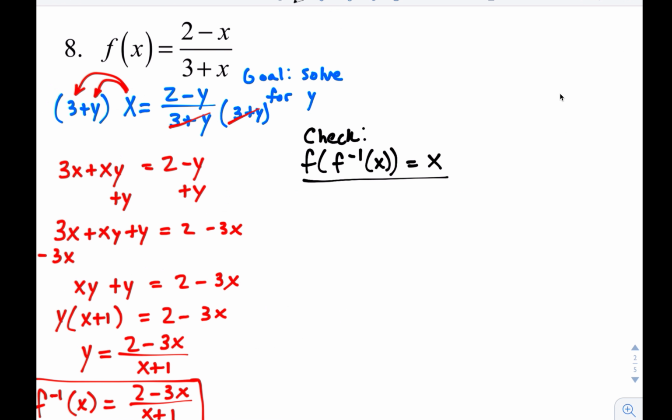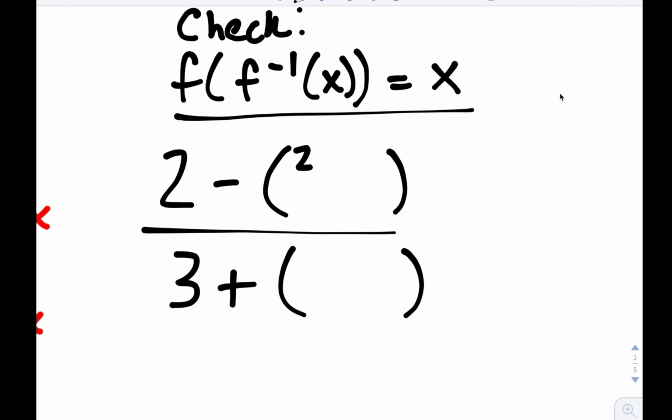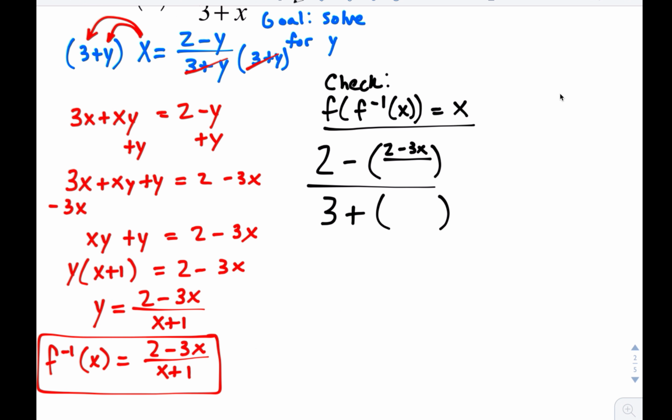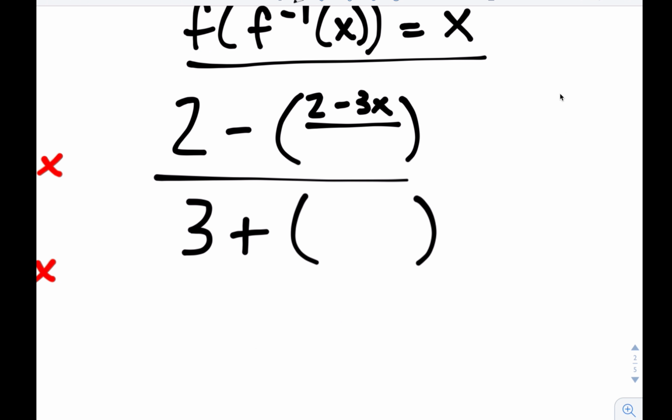So anywhere you see an x term, you're going to plug in what you just found to be the inverse. So I have 2 minus 3x over x plus 1, and then 2 minus 3x over x plus 1.